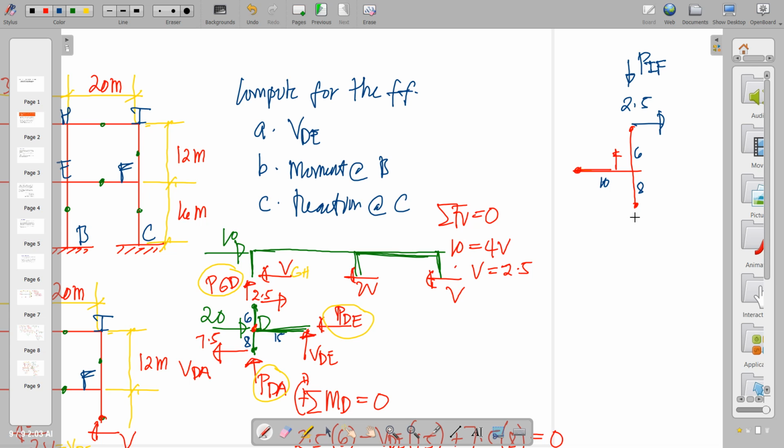We have PFC, and of course there's a shear here, shear FC.